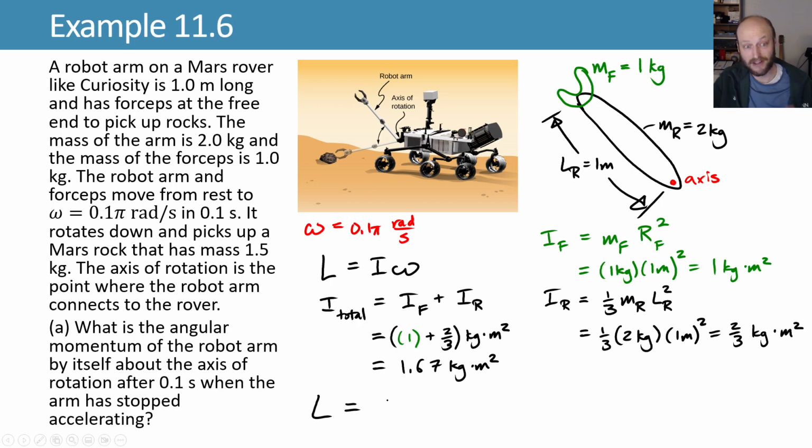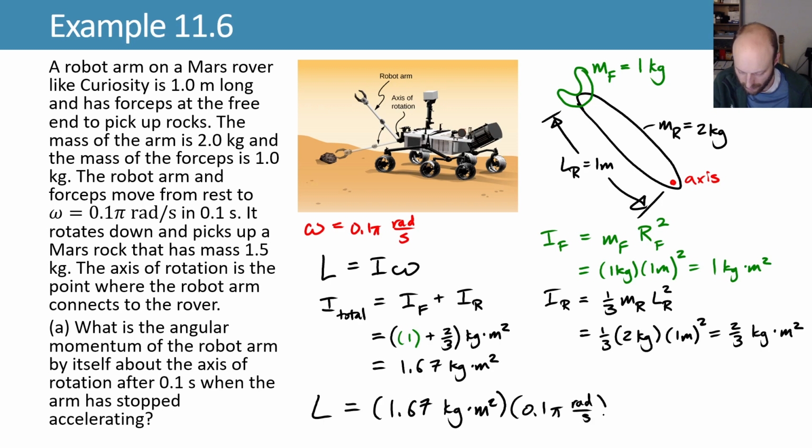We plug the moment of inertia into our angular momentum, 1.67 kilogram meter squared, times our angular velocity, 0.1 pi radians per second, leaving us with 0.52. Units on this are kilogram meter squared per second. That's the units of angular momentum. Kilogram meter squared per second.